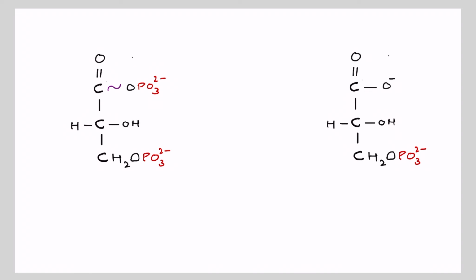So we will look at this on the molecular level to see what is happening. As we saw here, we had our 1,3 bisphosphoglycerate, and there are two phosphate groups that we have. We're going to have the action of an enzyme that's going to be called phosphoglycerate kinase.